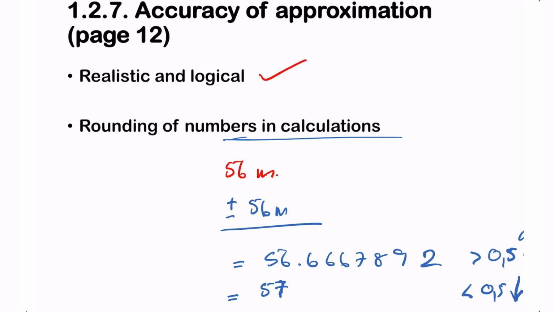So in this case you can say 57, or if you want to be a bit more accurate, you can also say 56.7, because we're rounding the 6 up to the closest tenth, and then the 6 becomes a 7. So 56.7.